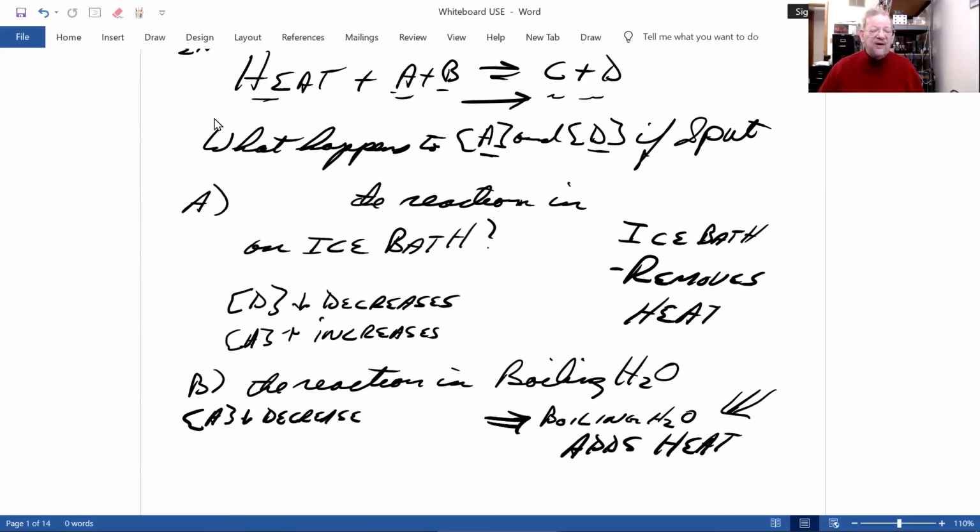And now, when heat reacts with A and B, it makes more C and D. If you make more of something like D, the amount you have will increase. And let me erase A so I can have more room for C.